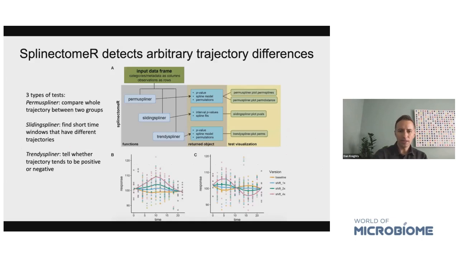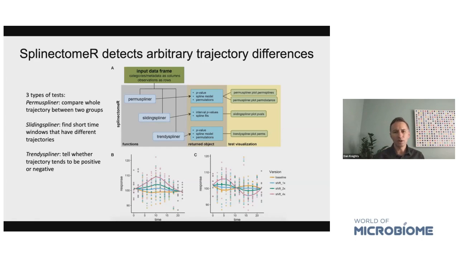So the idea is that you'll often have these shapes or trajectories of a microbe's abundance over time that are not going to be linear. If you look at a particular microbe's abundance in an infant over time, it doesn't just follow a linear trajectory. It has some sort of arbitrary shape.